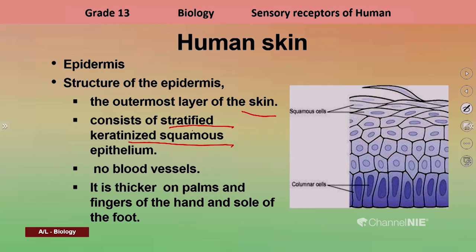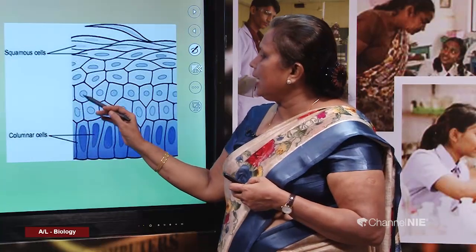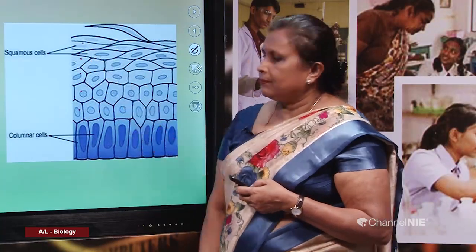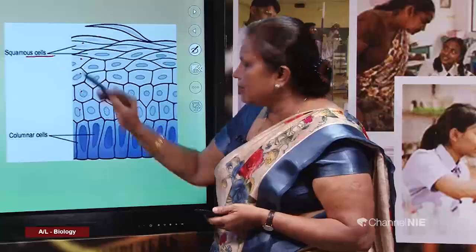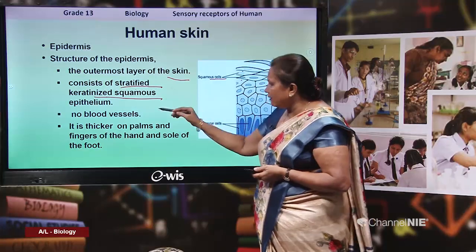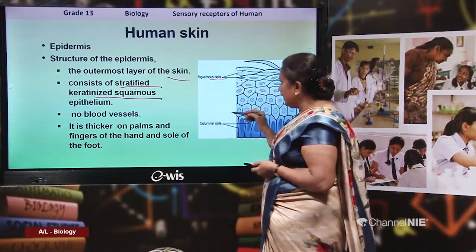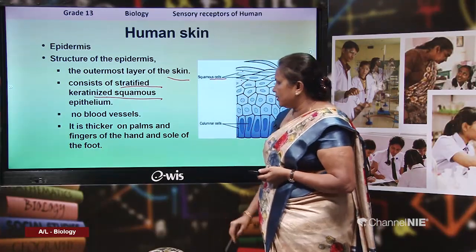Here you can see a diagram of the microscopic view. Here you can see a number of cell layers, so that's why we call it stratified. The surface layer contains squamous cells with keratin. That is the reason for the name.